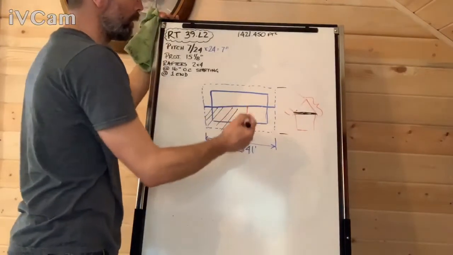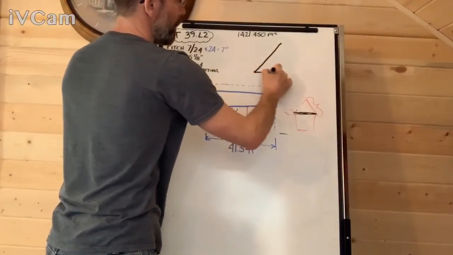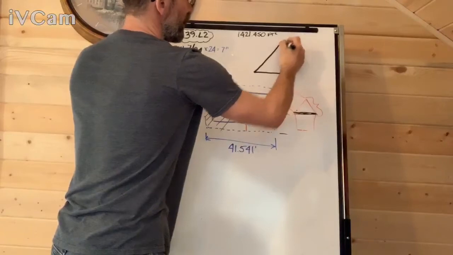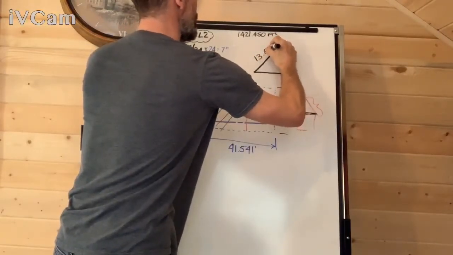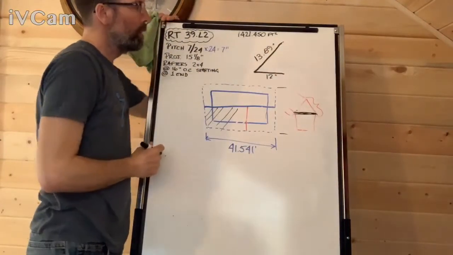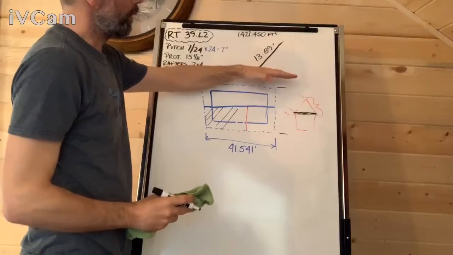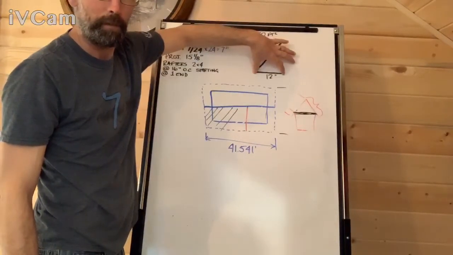Well, if we look back at our unit triangle, draw it a bit bigger here. We know that we go up 13.89 inches for every 12 inches. This is our area calculated on the flat.